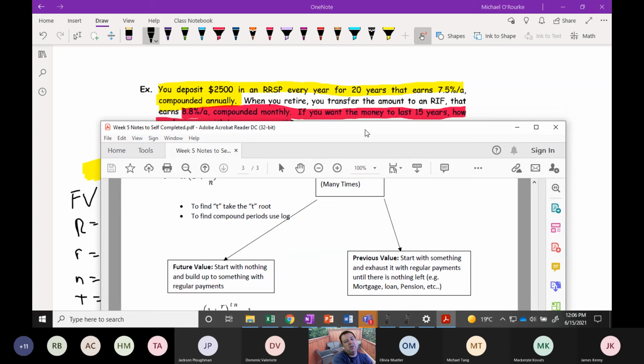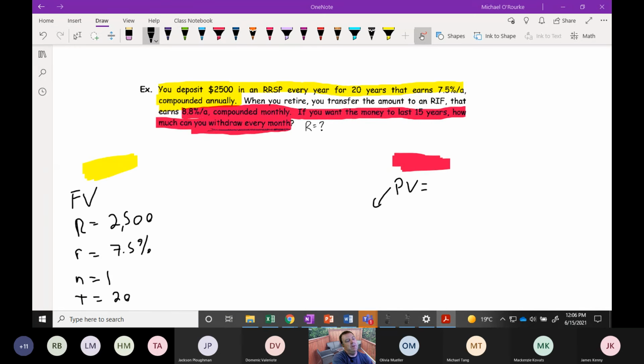So I'm withdrawing, so that money is eventually going to keep going down and down and down. So if the value goes up through the years, it's a future value question. If the value goes down, it's a present value question. And your value is going down because you're taking money out monthly. Does that make sense, Olivia?